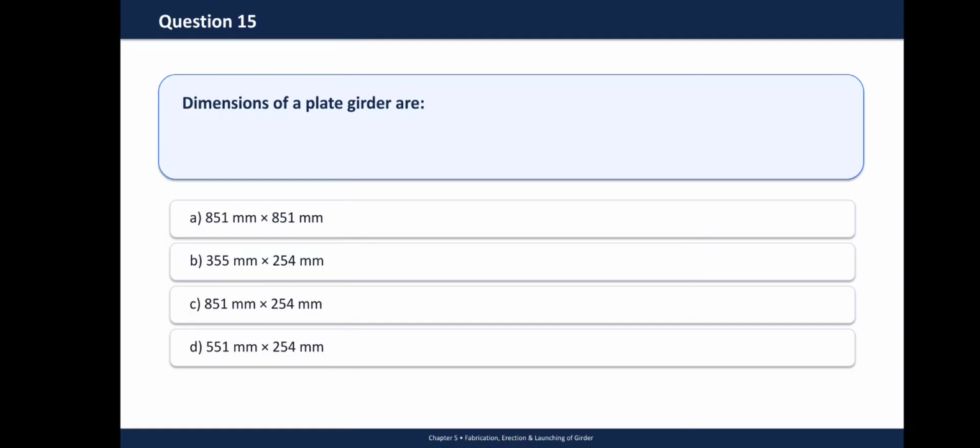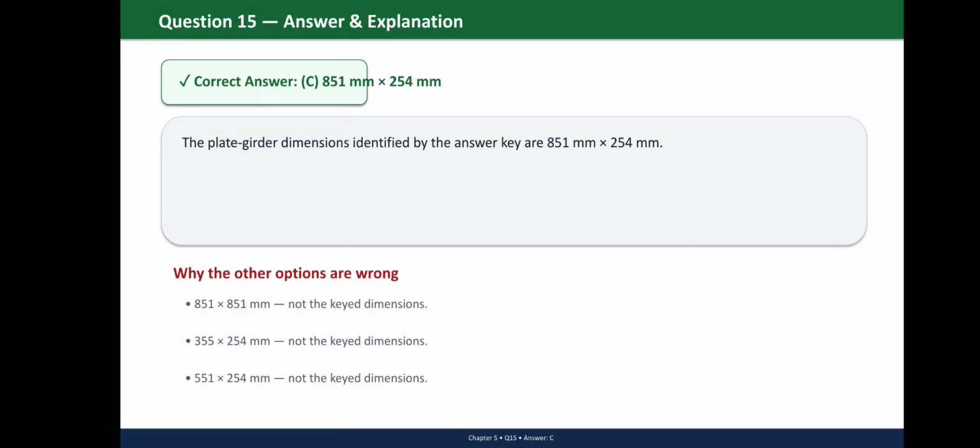D. 551 mm by 254 mm. Correct answer is C. 851 mm by 254 mm. Explanation. Standard cross-sectional dimensions for this plate girder specification are 851 mm height by 254 mm flange width.